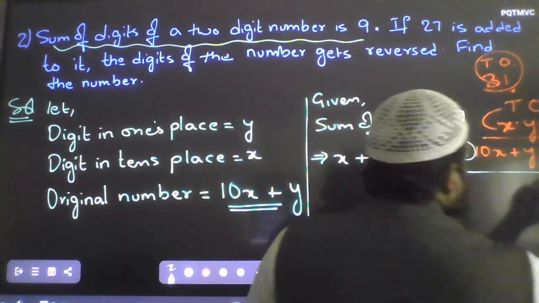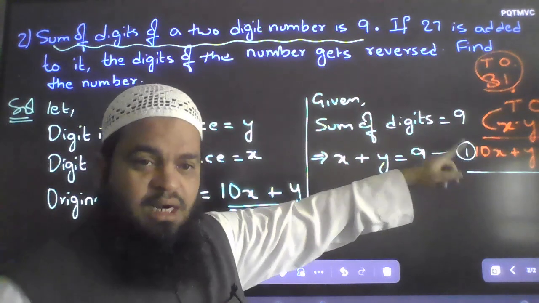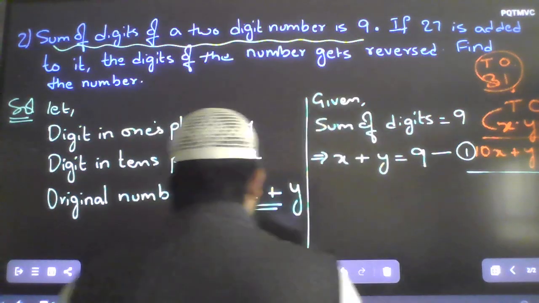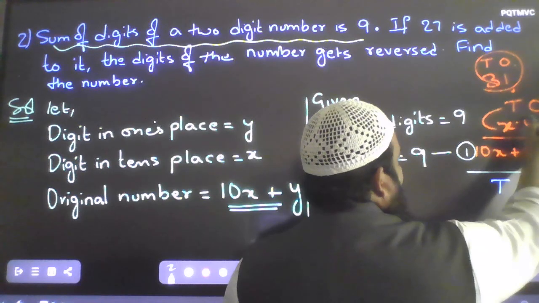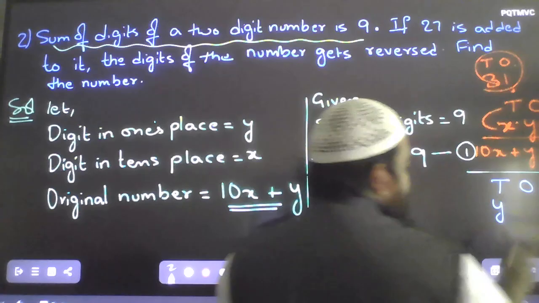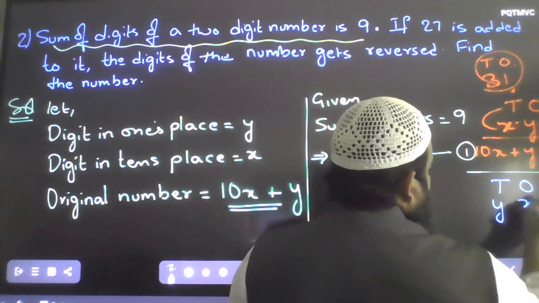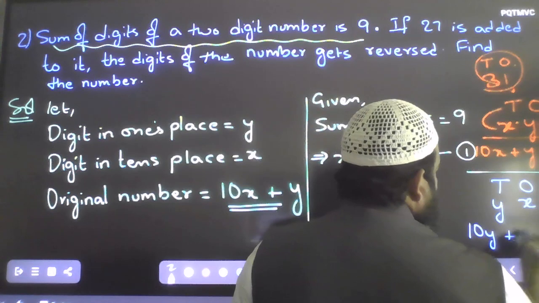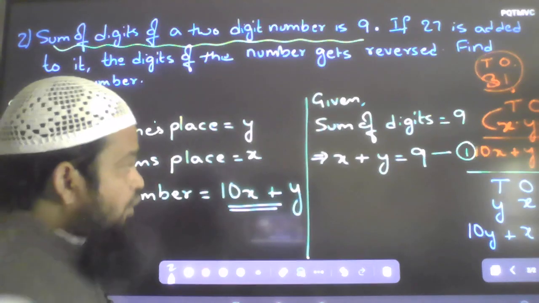If you reverse the digits, that means y is in tens place and x is in ones place. So the reverse number is y into 10, 10y, plus x into 1, x. Is it right?